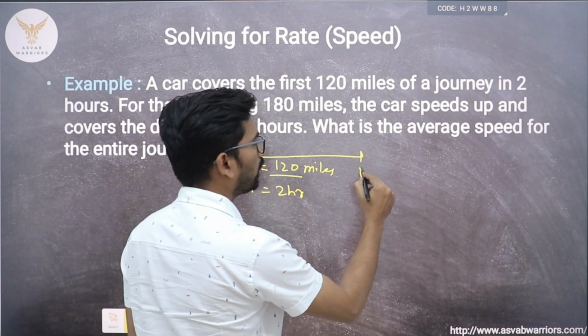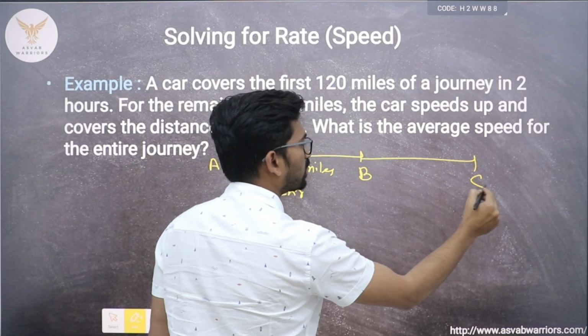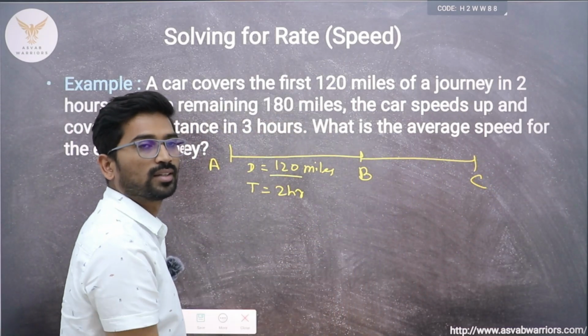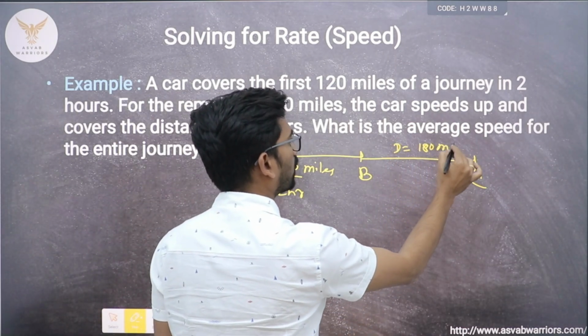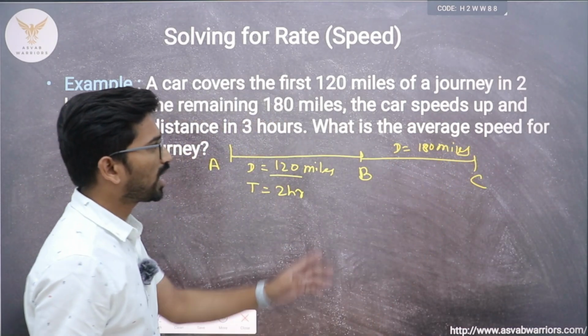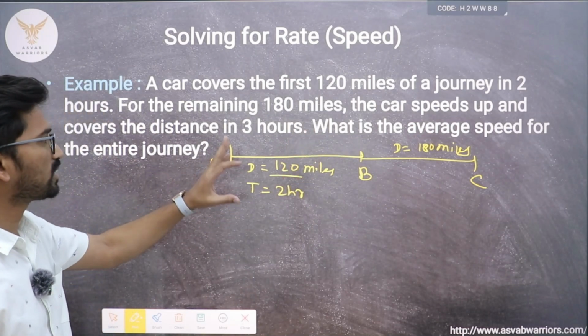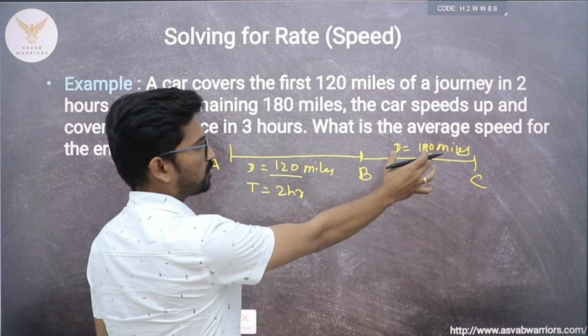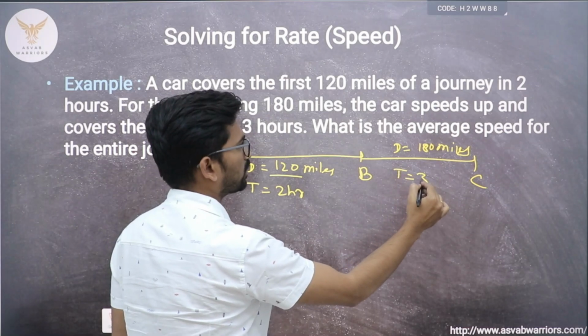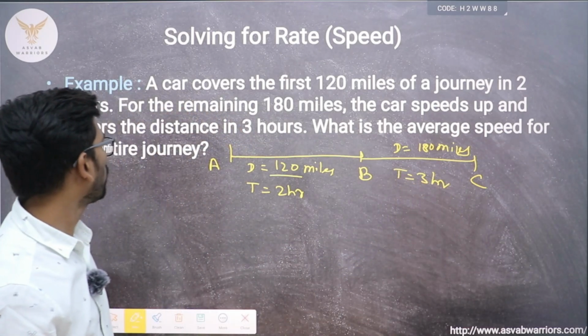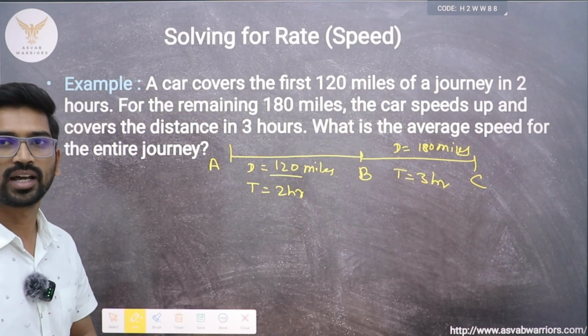For the remaining 180 miles, let's say from point B to C, the distance is 180 miles. Now the car speeds up and covers the distance in 3 hours. What is the average speed of the entire journey?